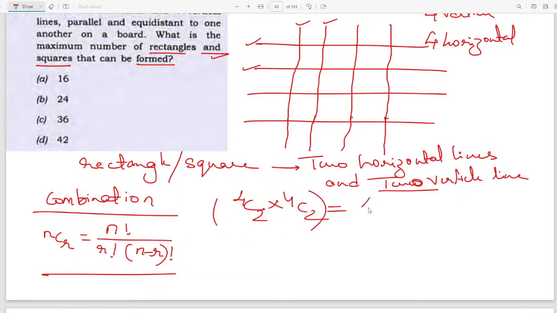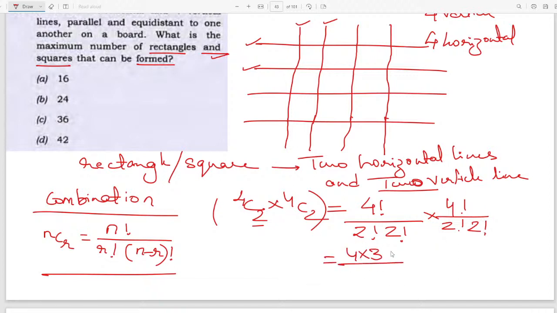So this would be 4 factorial over r factorial, where r is 2, so 2 factorial, into n minus r, 4 minus 2 is 2, so 2 factorial. 4 factorial is 4 into 3 into 2 factorial, because 2 into 1 can be written as 2 factorial.